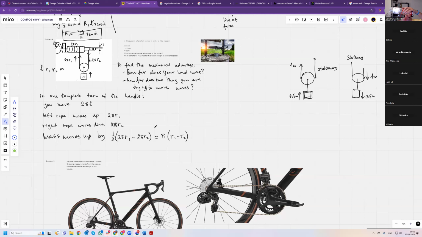So you have two different axles, and you hang something from the bottom. Hang something from here.